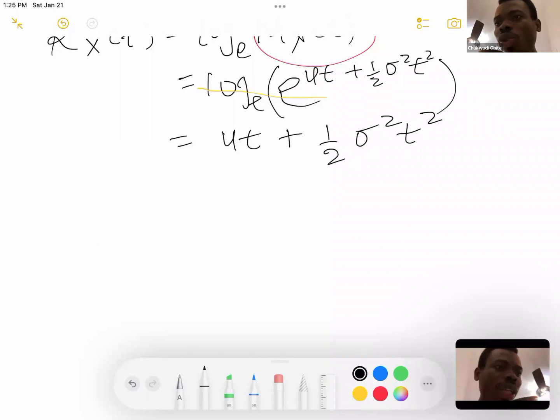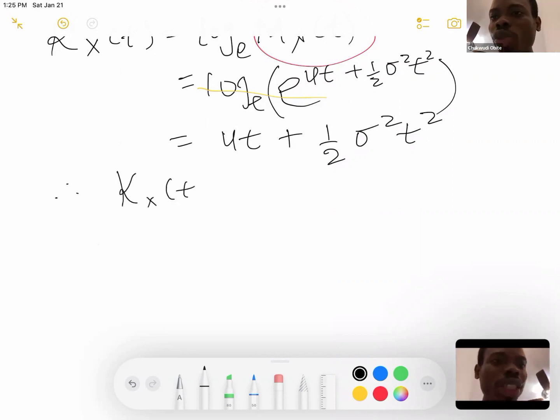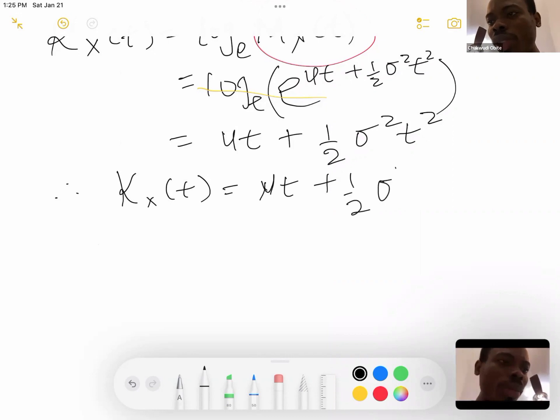You will see that. So first, if you are asked to look for the cumulant generating function, get the moment generating function of that distribution, then take the log e of it, that is the cumulant generating function. So therefore, K_X(t), which is the cumulant generating function, is mu t plus half sigma square t square.